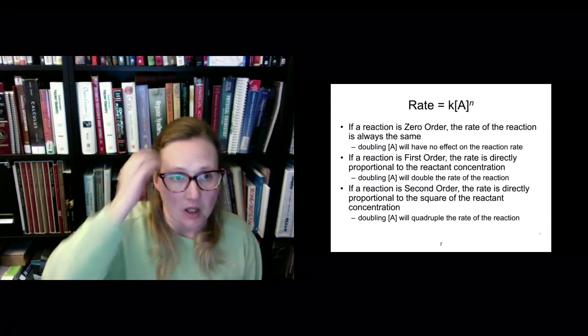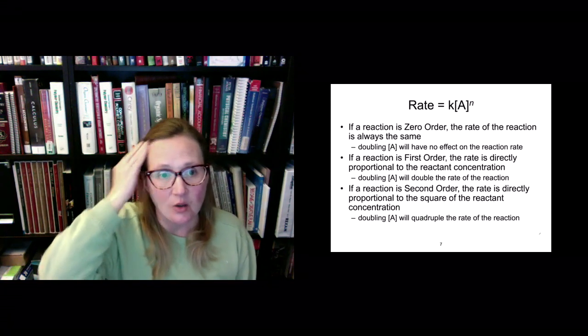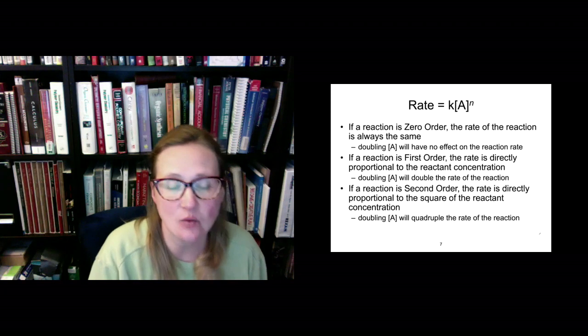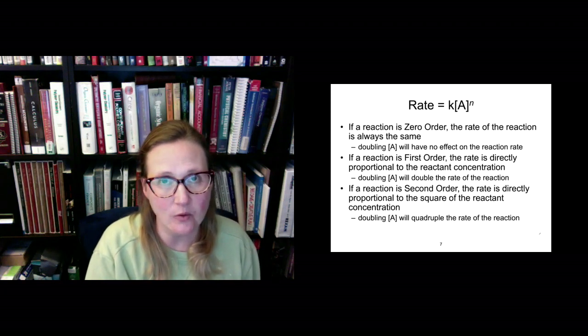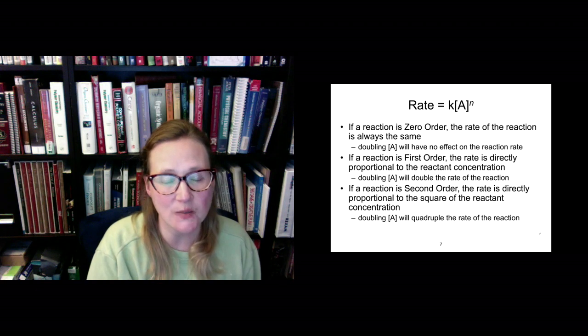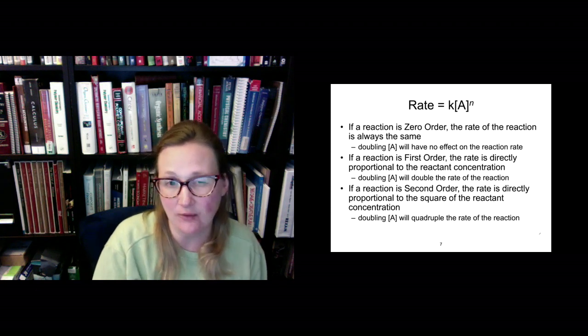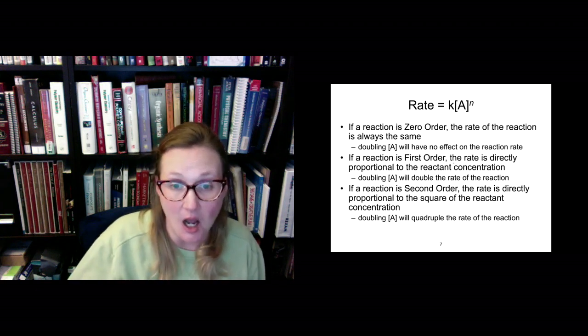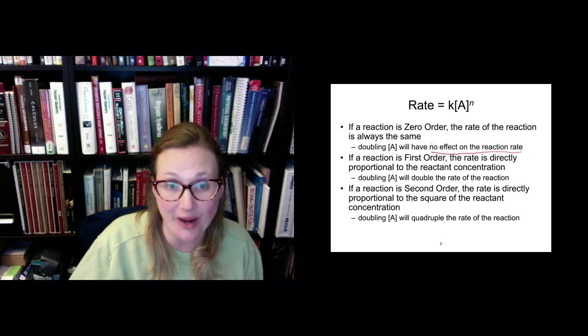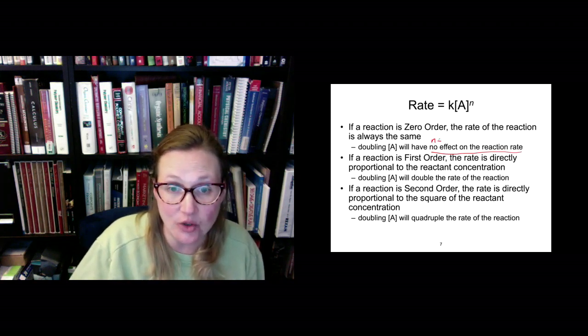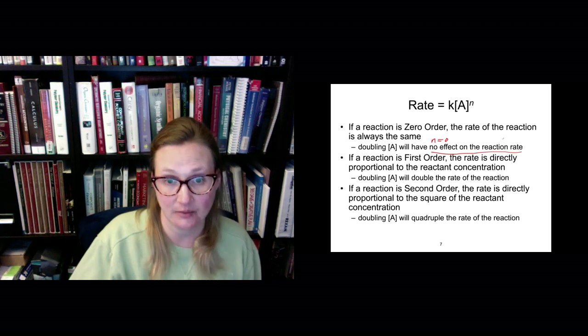Okay, so for the first reaction, we found that the reaction was zero order. The reason we say it's zero order is because doubling the concentration of A had no effect on the reaction rate. So n equals 0 here.